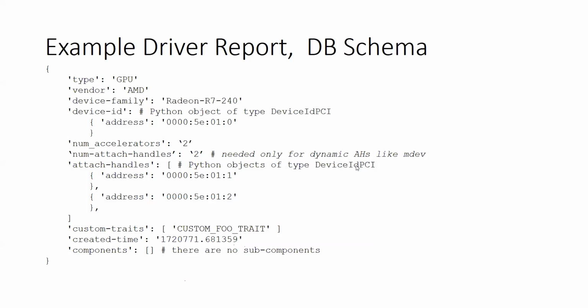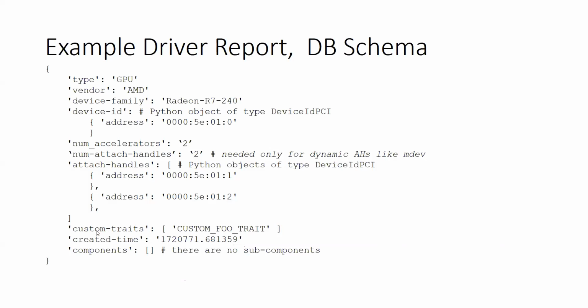By the way, I should fix this one. It's not device ID PCI, it's device attach handle PCI. So attach handle is a separate class, and specific examples of it could be PCI, mediated devices, and so on. So if it's a mediated device, we'll actually put a UID in here. If it is a PCI, of course, we've got BDFs, and so on.